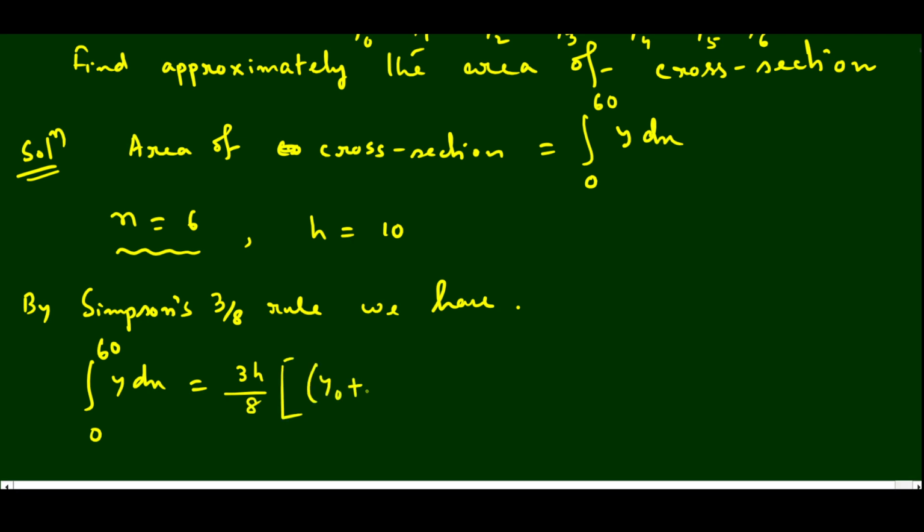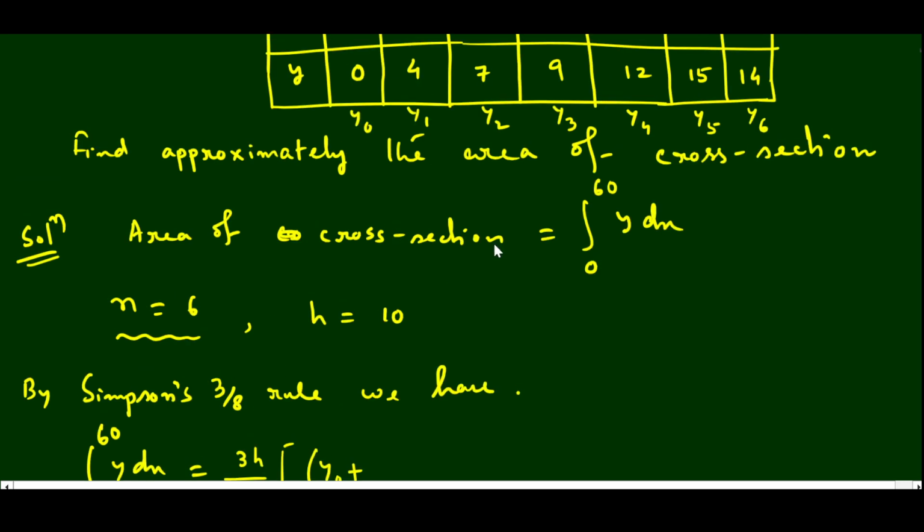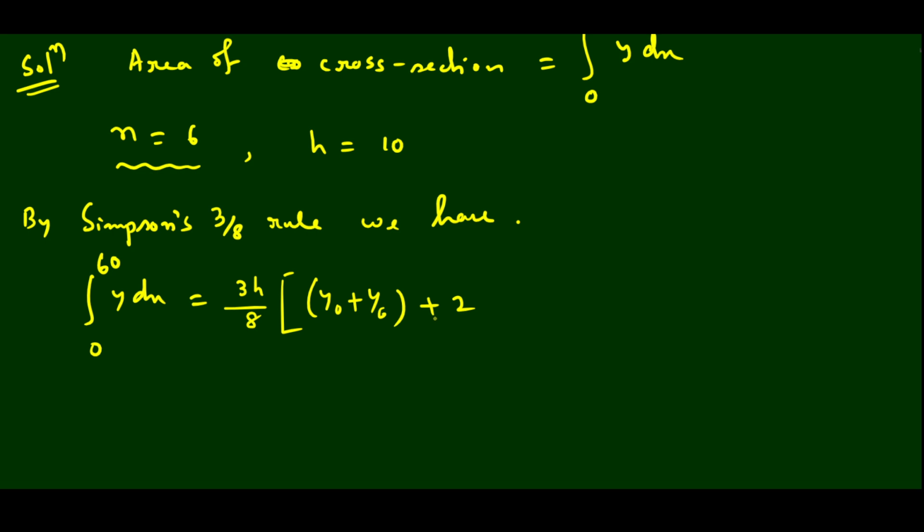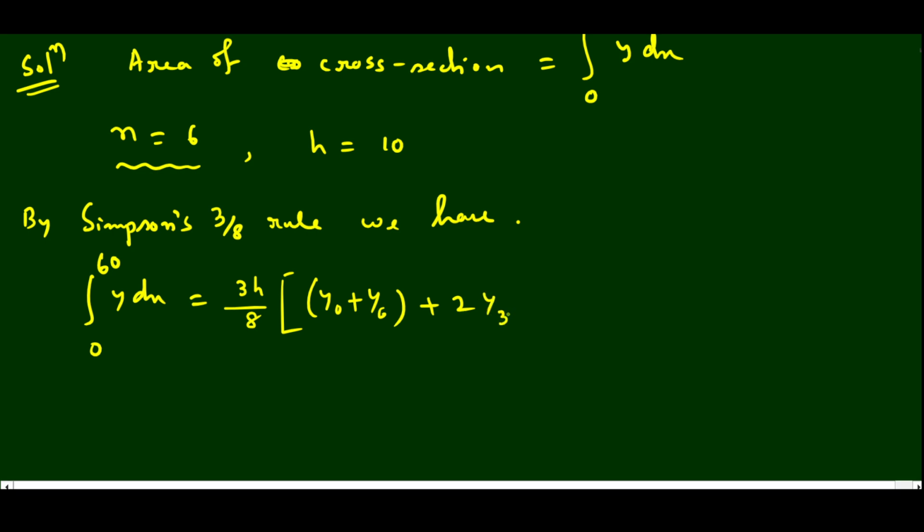If you see the table, our last term is y6, so y naught plus y6. Then 2 into the multiples of 3. There are two multiples of 3, y3 and y6. Y6 we have already written, so y3. And then 3 into all the other terms, which are y1, y2, y4 and y5.